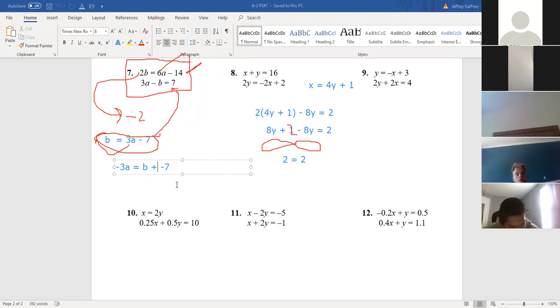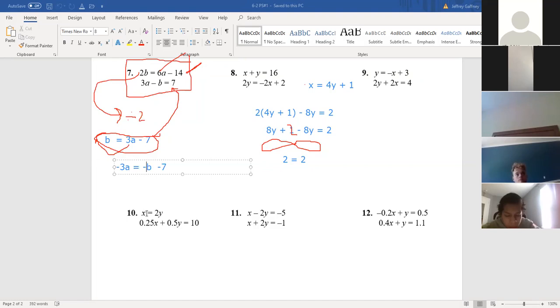Right? Oh, I don't want that. Negative 3a, and this is where the minus should be. All right, so I got negative 3a equals negative b minus 7, right? Let me see where I was going to go with that.